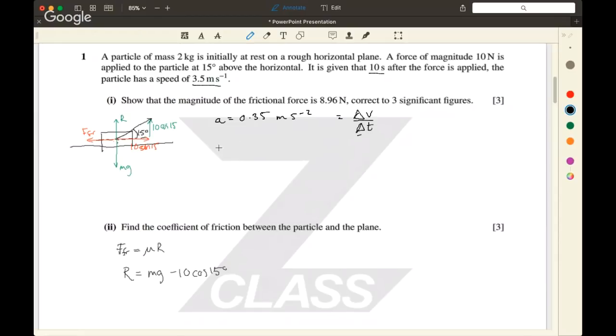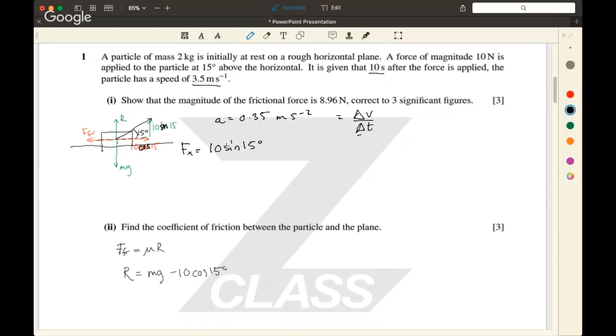So in the horizontal direction, this is Fx, the net force in the x direction, is 10 sine of 15 degrees. Oh, and then another mistake, this is sine and that's cosine, sorry about that. I'm sure you've noticed that that was a mistake.